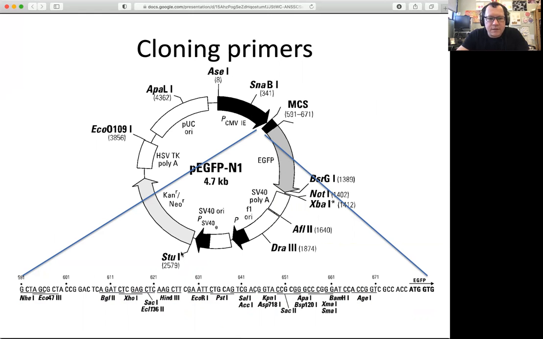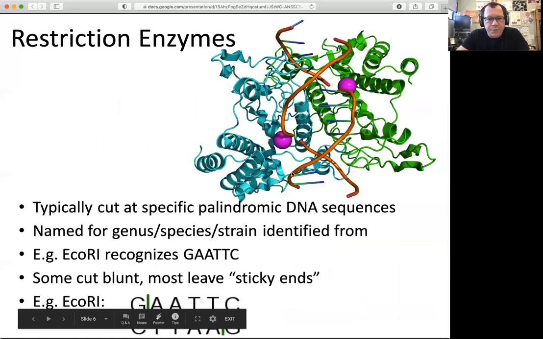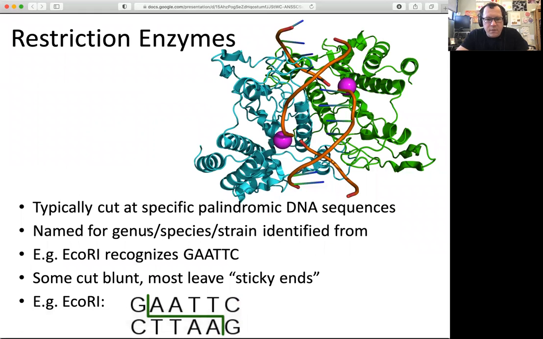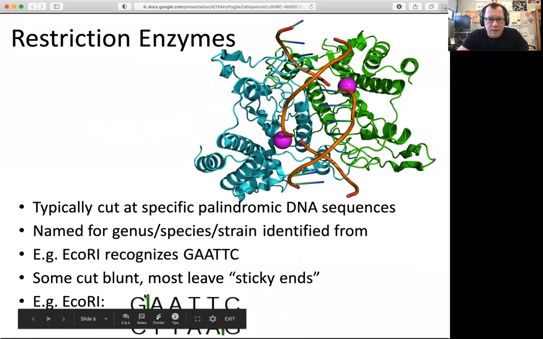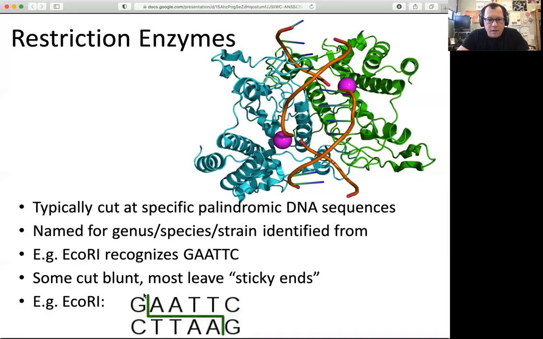So what about these restriction enzymes do we care about? Well, as we described before, most restriction sites leave what's called a sticky end. Here's our EcoR1 site, GAATTC. When EcoR1 cuts the DNA, it cuts between the G and the A on both strands.